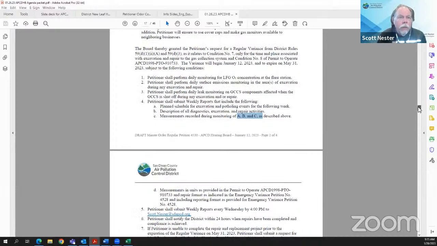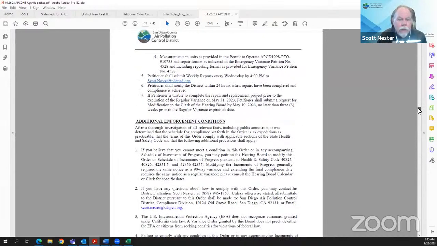And the last one I've got is in 4D at the very top there. This is just for clarification. Remove "repair format as indicated in the emergency variance petition number 4528 and including," and just replace it with the word "and," because I think this was sort of a typo glitch. And that's all that I had.